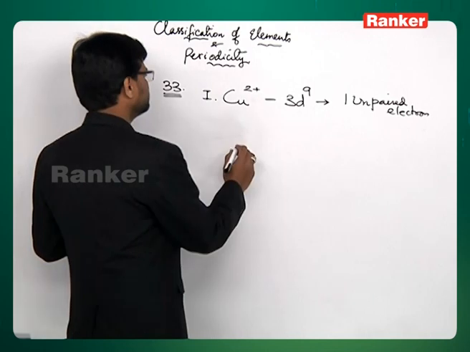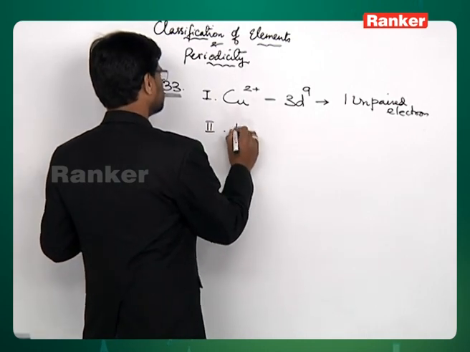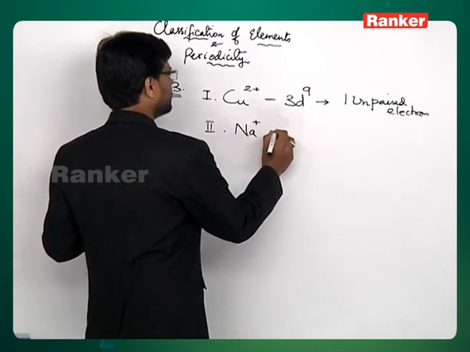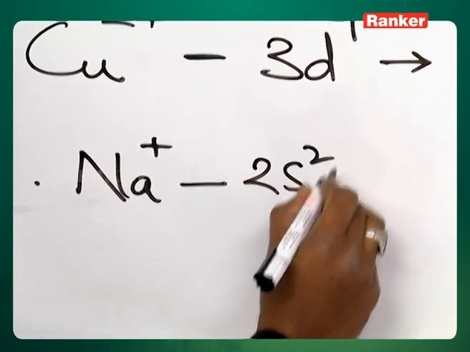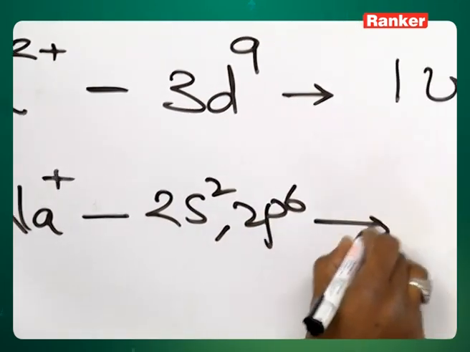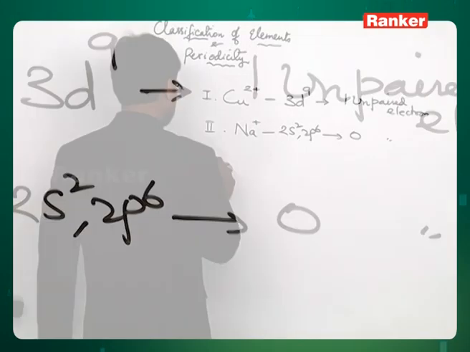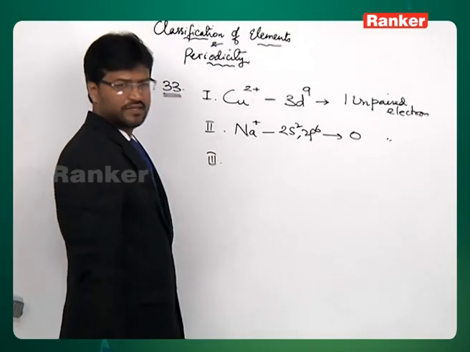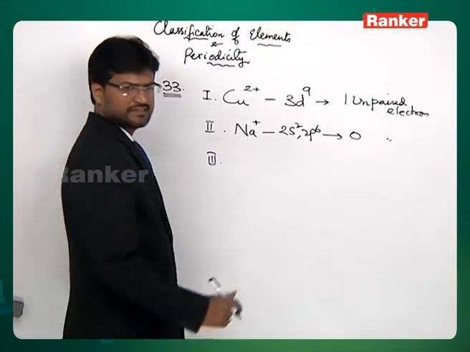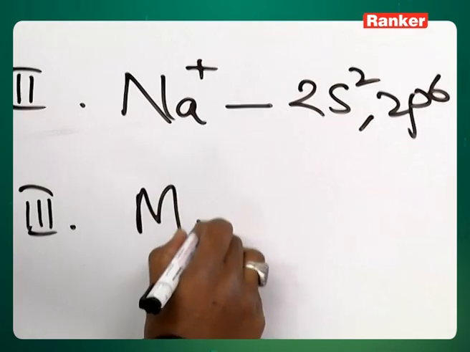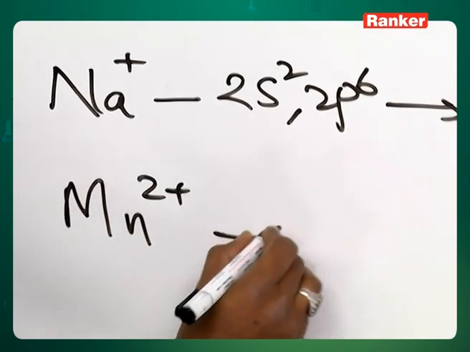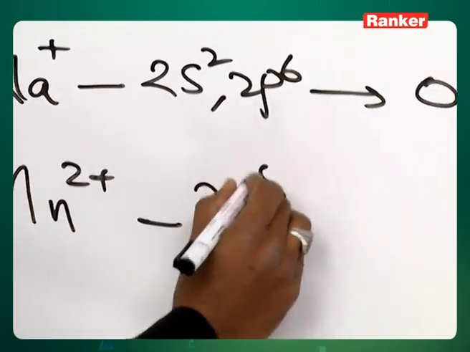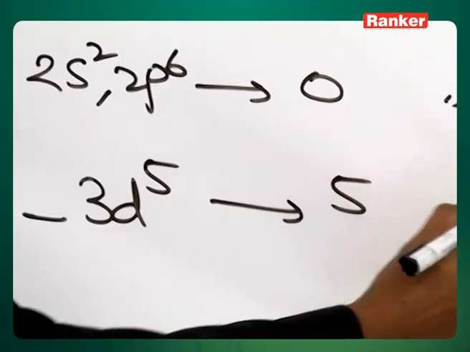Next, sodium, Na+: 2s2 2p6. It has 0 unpaired electrons. Number 3 is manganese. Mn2+ is 3d5, so it has 5 unpaired electrons.